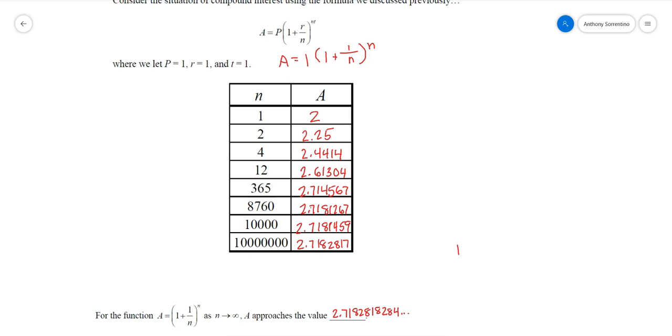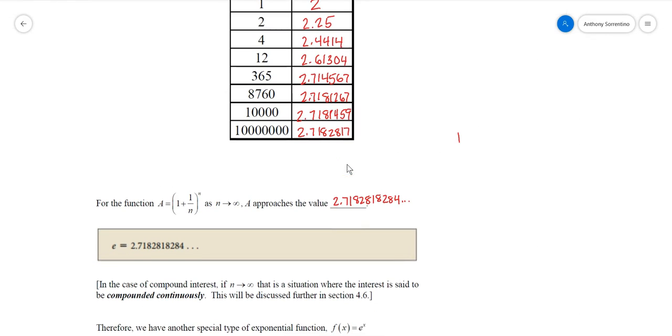It doesn't show signs of being a rational number. There's no repeating pattern in the decimals. There's no sign of termination. This number is what we define as e. So this is what we're calling e.